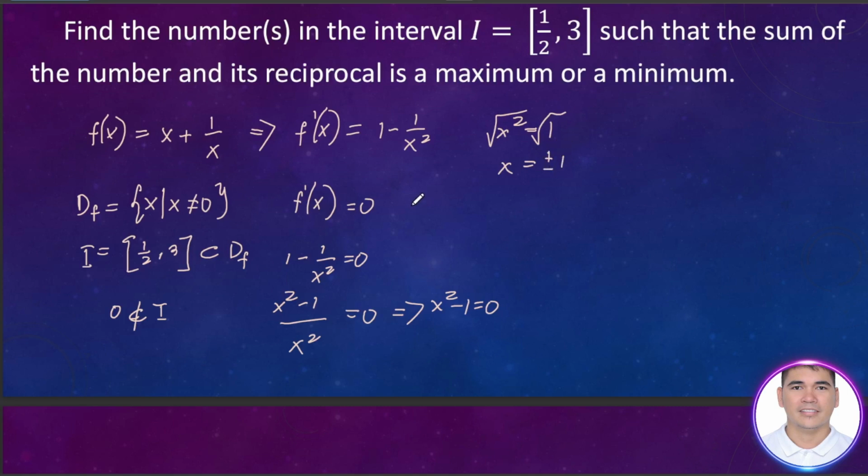Those are our critical numbers. However, note that negative 1 is not an element of the closed interval 1/2 to 3. Therefore, we only consider x equals positive 1 as our critical number.